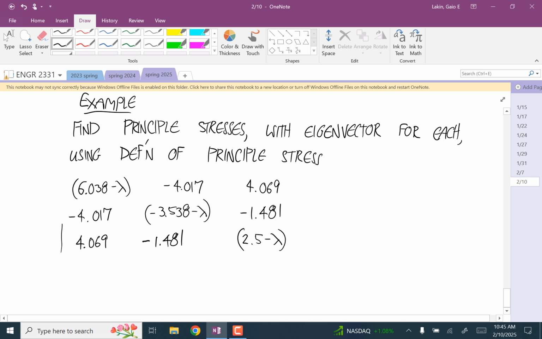And we're going to take the determinant. So the symbol for taking the determinant of a matrix is like absolute value of the matrix. And we're going to set it equal to 0.